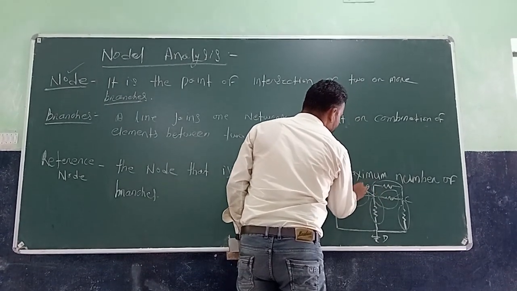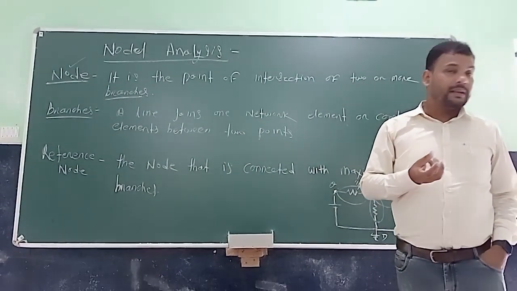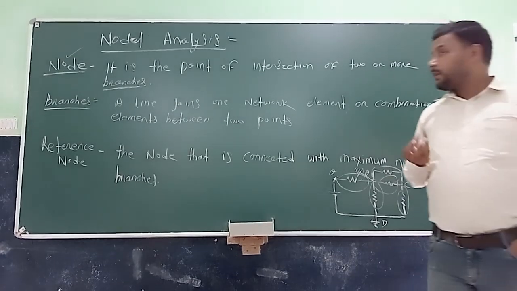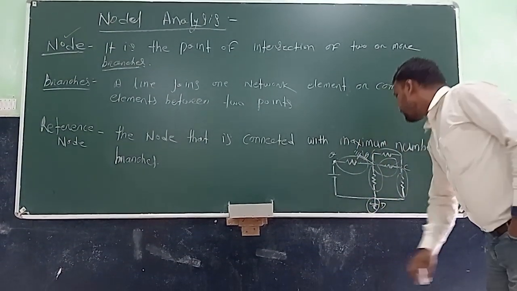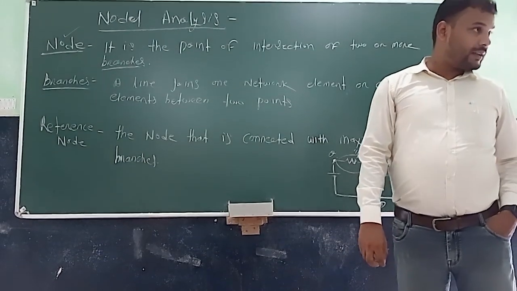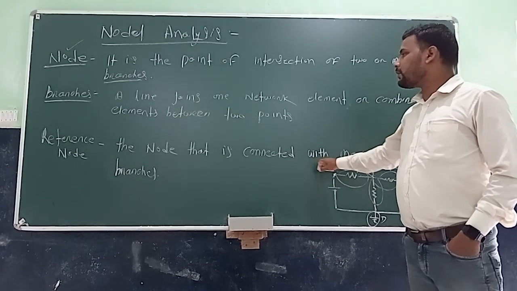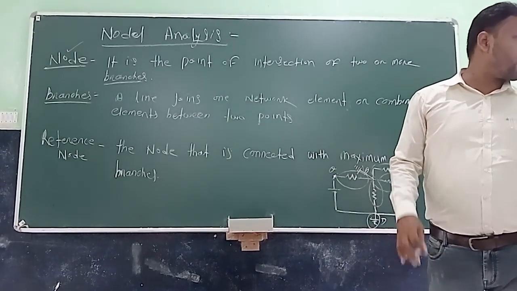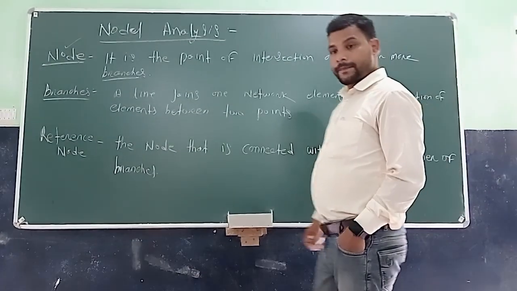We could also take that, but for our convenience, for getting an easy solution, we will take this as the reference node in this circuit, whereas as per definition, we should take the reference node where maximum branches are connected.